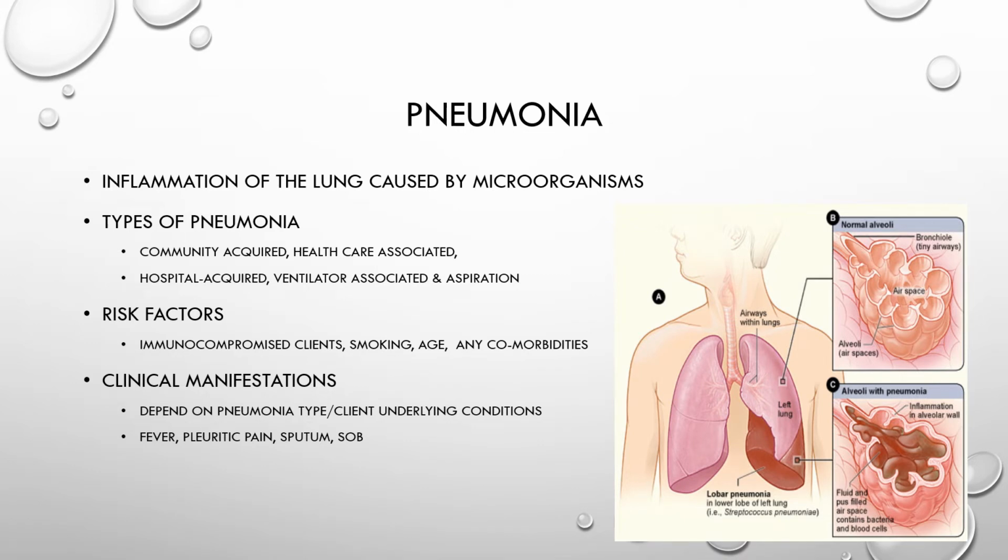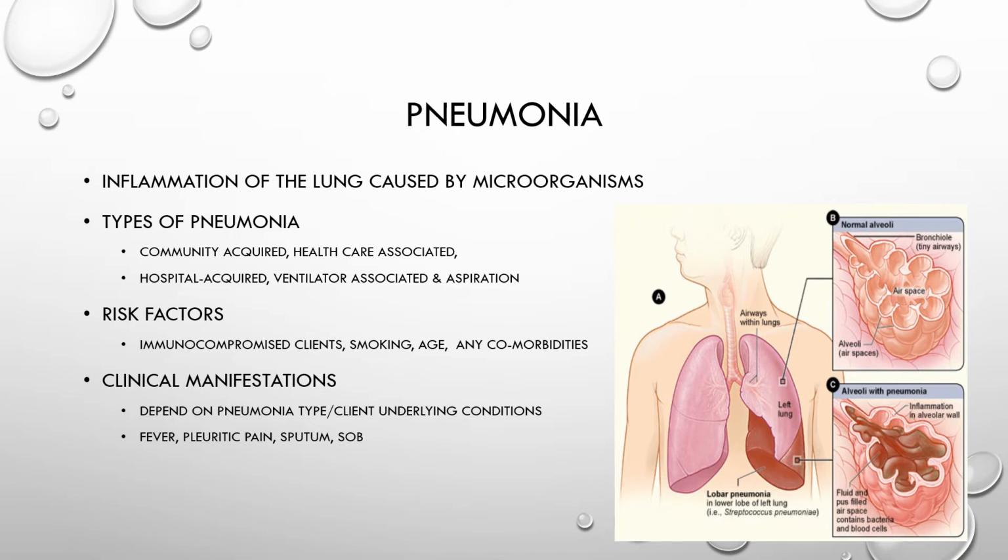Most of the times we see this in a post-op patient. Ventilator-associated pneumonia is when the client develops pneumonia while being ventilated. And what's really important to know is that both with hospital-acquired and ventilator-associated pneumonia, these pneumonias increase the hospital length of stay for the client.